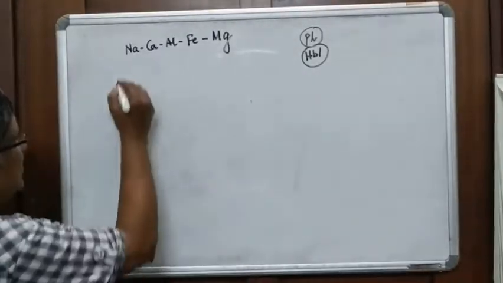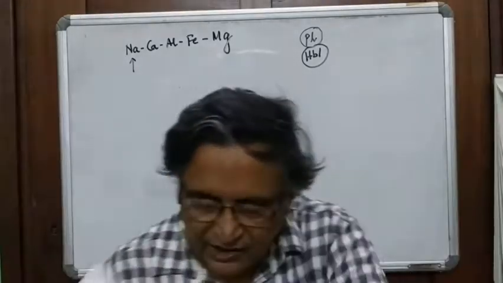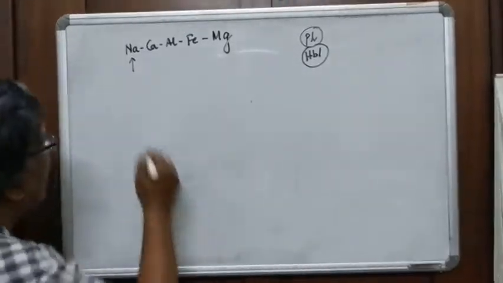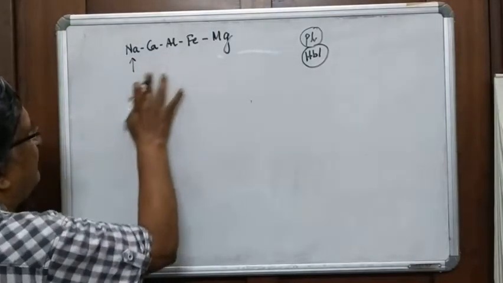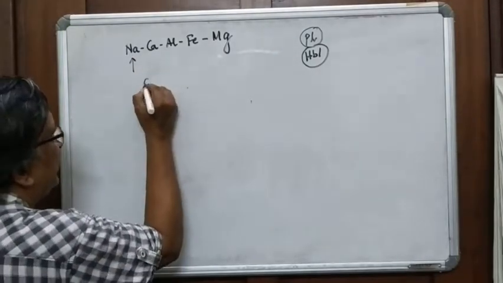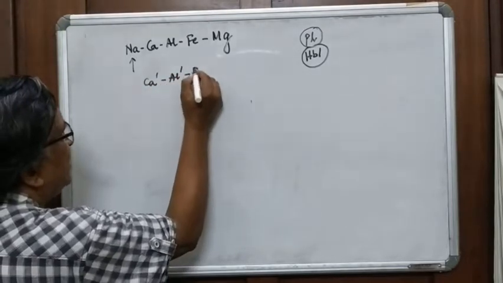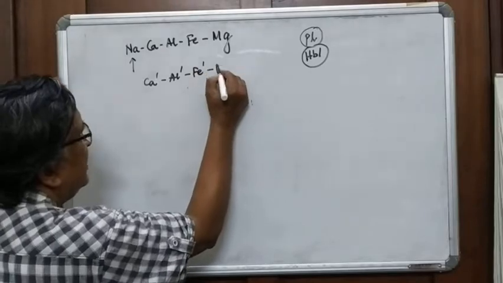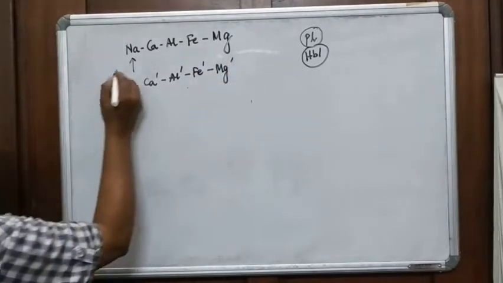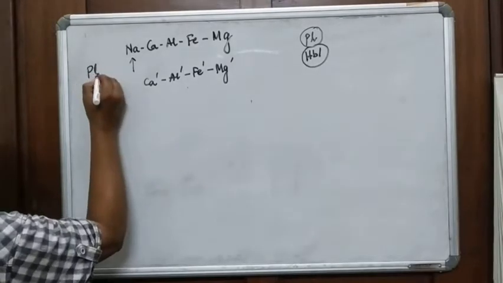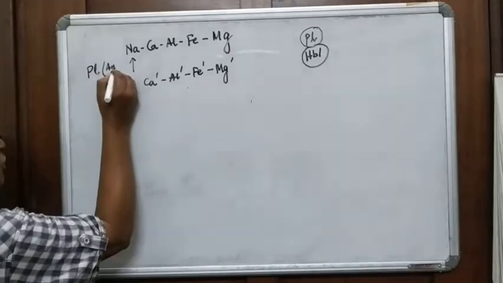So what he did was he first eliminated sodium, that means he was projecting from a sodic phase. When he projected from sodium, sodium was no more there, but they had calcium prime, aluminium prime, iron prime, and magnesium prime. He did this by projecting from plagioclase, whose composition was anorthite 35.